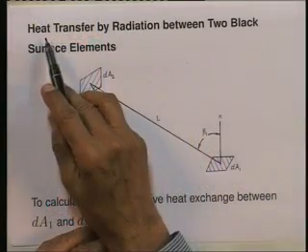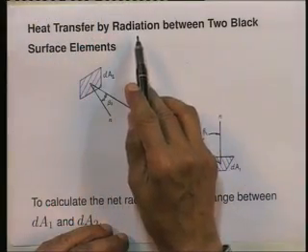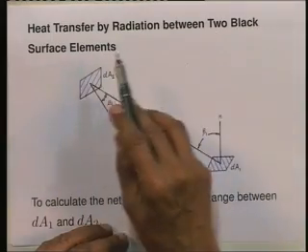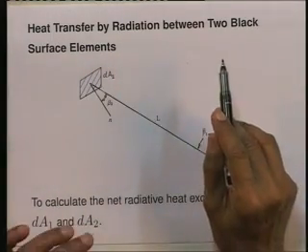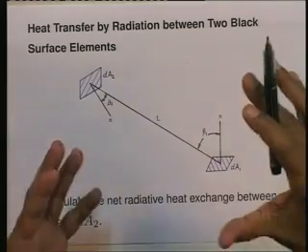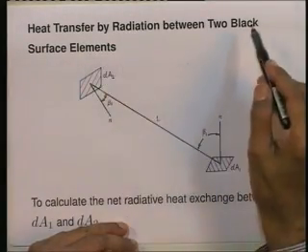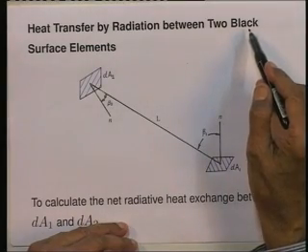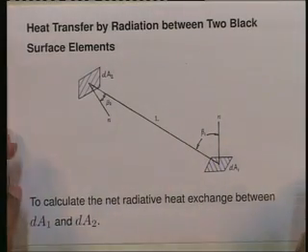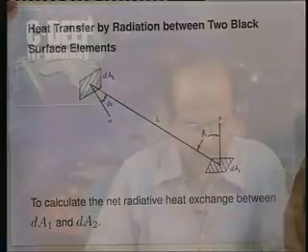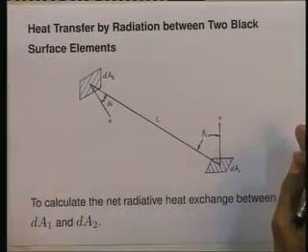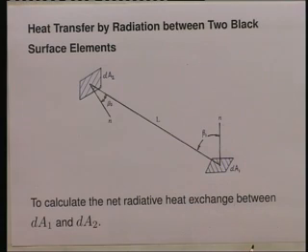We are going to study the heat transfer by radiation between two surface elements. To simplify matters, first instead of taking finite surfaces, we will take two surface elements, and we will assume that they are black. That is our initial assumption, mind you. Later on, we will be able to deal with other situations. So, first let us calculate the heat transfer by radiation between two black surface elements.